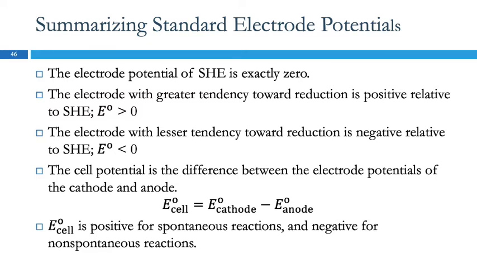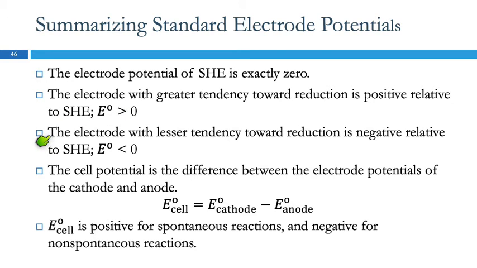So the standard hydrogen potential is defined as 0. So if we have an electrode with a greater tendency towards reduction, that's going to be positive relative to that, and E0 is going to be greater than 0.